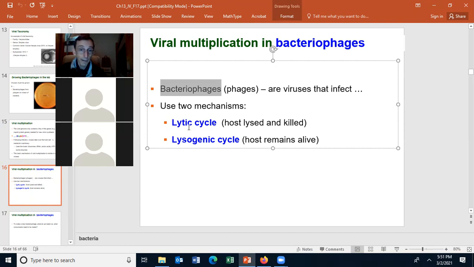If a virus follows the lytic life cycle, they infect their host cell, lyse it, and that'll kill the host cell. If the virus follows the lysogenic life cycle, it will infect the host cell, but the host cell will remain alive for as long as the virus stays in the lysogenic life cycle. Any question about these two mechanisms of viral multiplication?